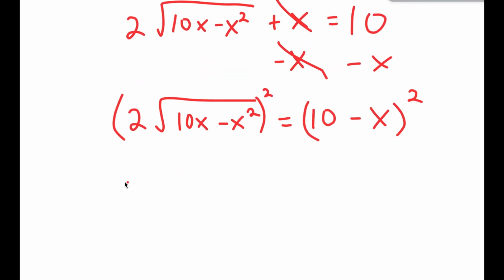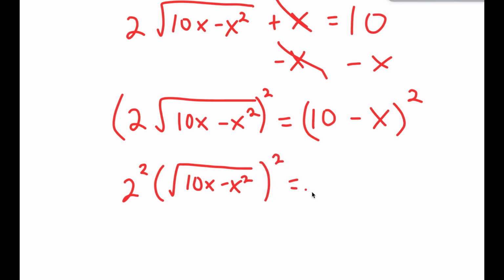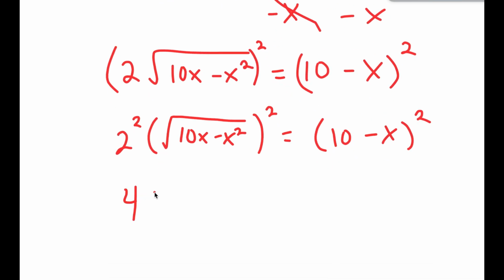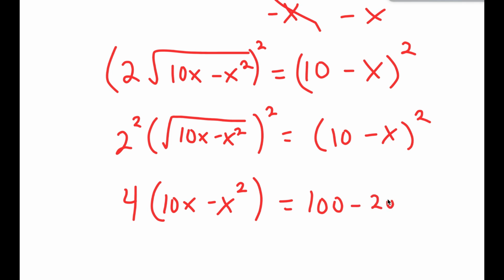So now I get 2 squared times the square root of 10x minus x squared, squared, is equal to 10 minus x, squared. 2 squared is equal to 4. And the square root of 10x minus x squared, squared, is simply equal to 10x minus x squared. So I have this is equal to 100 minus 20x plus x squared.